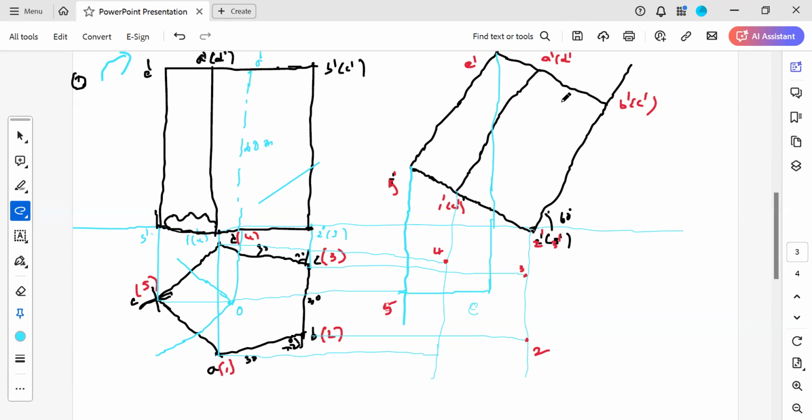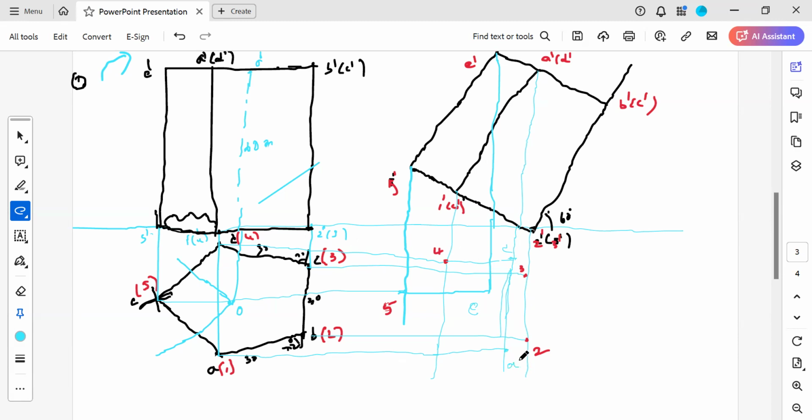Next thing is from A and D. From D, from the D point, a horizontal line, you will get the D point. Here also, from A you draw a vertical line. From A and A you draw at the A point.